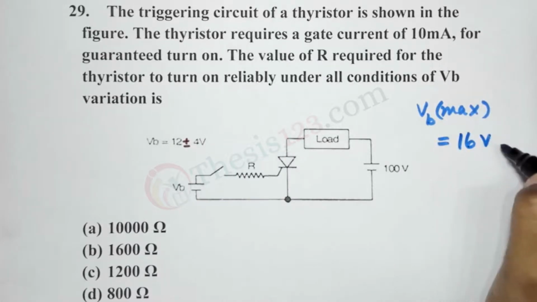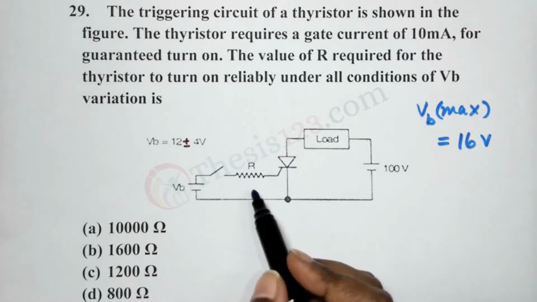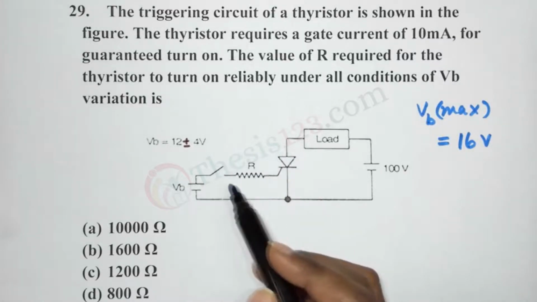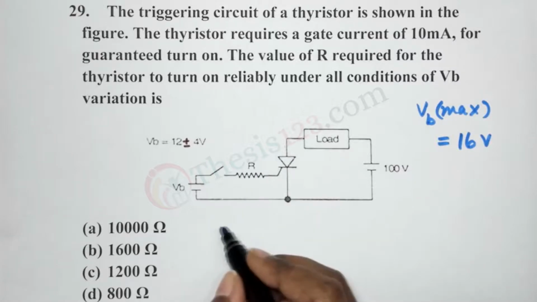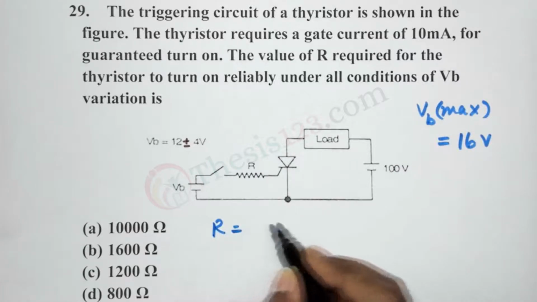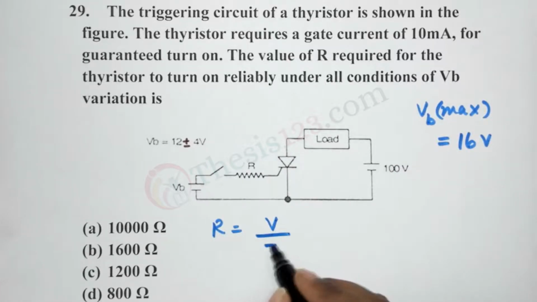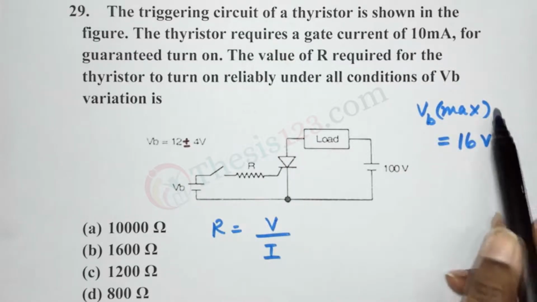So VB is 16 volts, 12 plus 4. Now the next step is to write down the formula for the resistance. Now we are quite familiar with the basic Ohm's law, right? We know that R is equal to V by I. Now V is VB max.